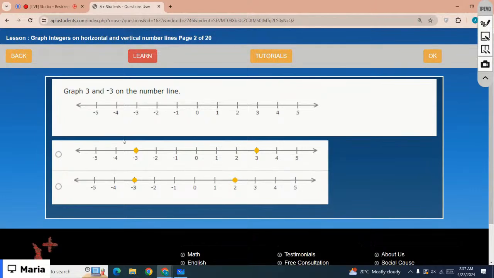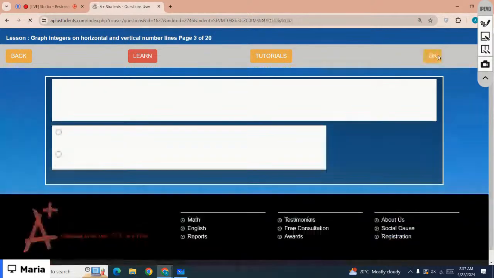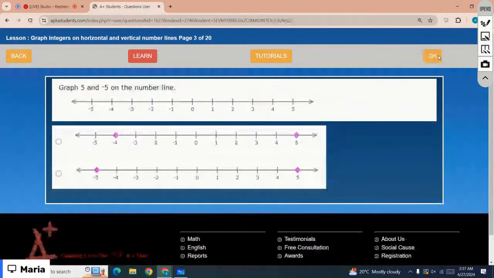Option number 1 is the correct option, right? That is option number 2. Option number 2 is the correct option.